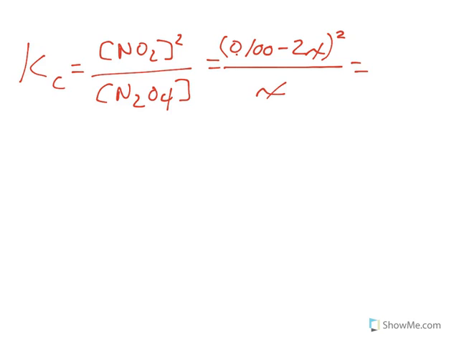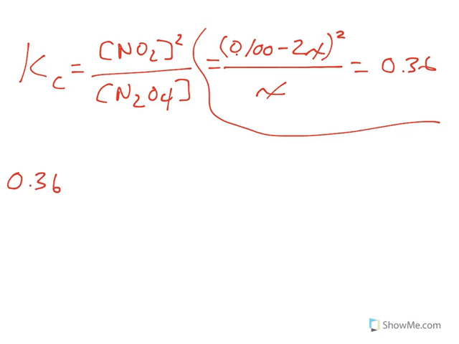And our value of Kc is 0.36. So this is the important part here. We're going to extract that down here, and we're going to say 0.36 is equal to 0.100 minus 2x squared over x.